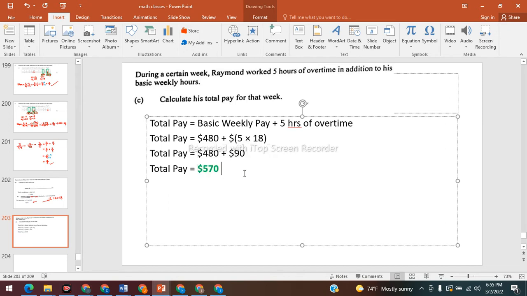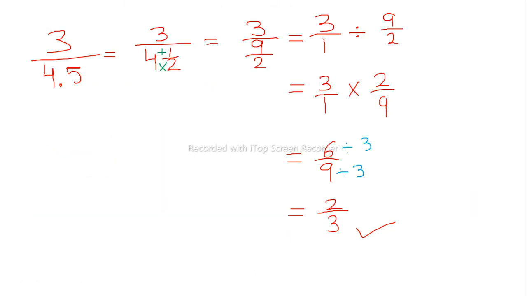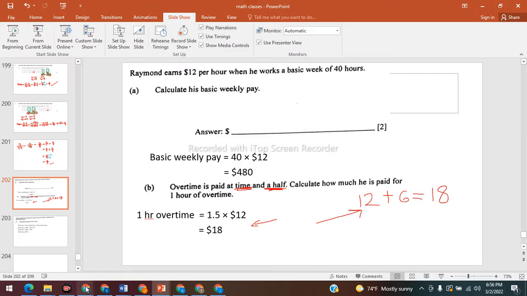$570. So is Raymond looking good at the end of the week? Yeah, you find a different job, but it's a nice pay. Okay. $570 he leaves with at the end of the week. What his job was? They didn't say. Let me see if they gave us any idea with the picture.